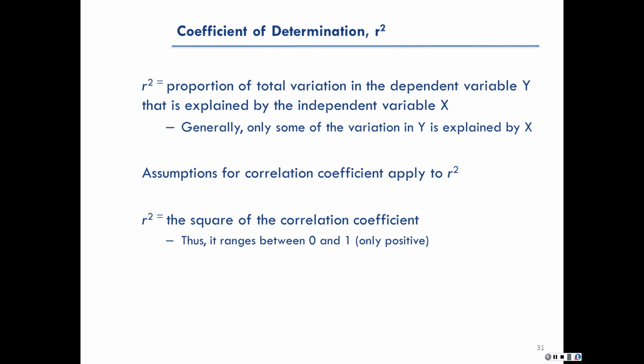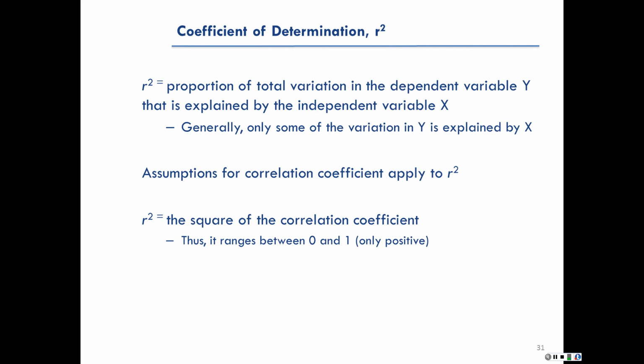One last thing before I end here, I want to talk to you about the coefficient of determination. So this is simply r squared, which is the correlation coefficient squared. And what r squared is, is actually the proportion of total variation in the dependent variable y that we're interested in that is explained by the independent variable. And in general, only some of the variation in y is explained by x. And so all we do, to get this, is take the square of the correlation coefficient.